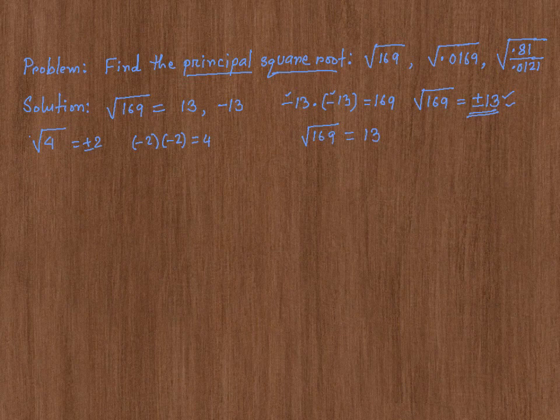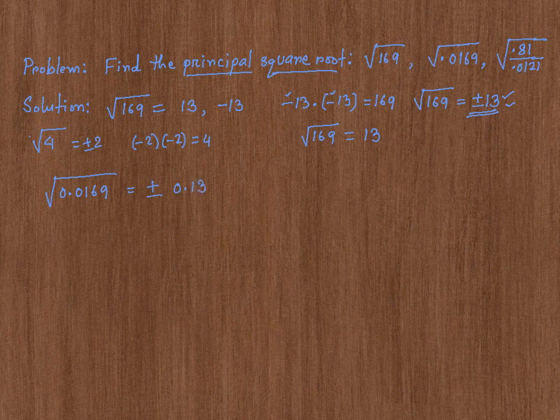Now we can do the same thing for the other two, square root of 0.0169. What is a number that when we multiply it with itself gives you 0.0169? As it turns out, that is going to be plus or minus 0.13.